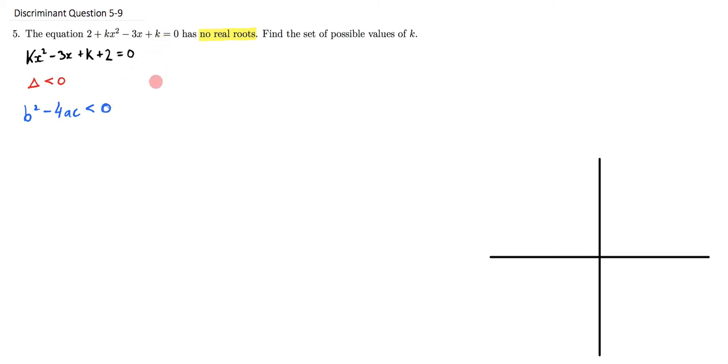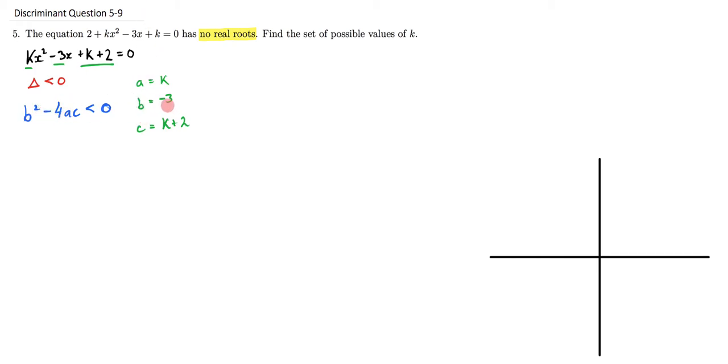I then identify my a, b, and c values. My a value will be k, my b value will be -3, and my c value will be k plus 2. So it's a good thing that we rearranged it because it allows me to identify my a, b, and c values. I then am going to plug those into my discriminant.